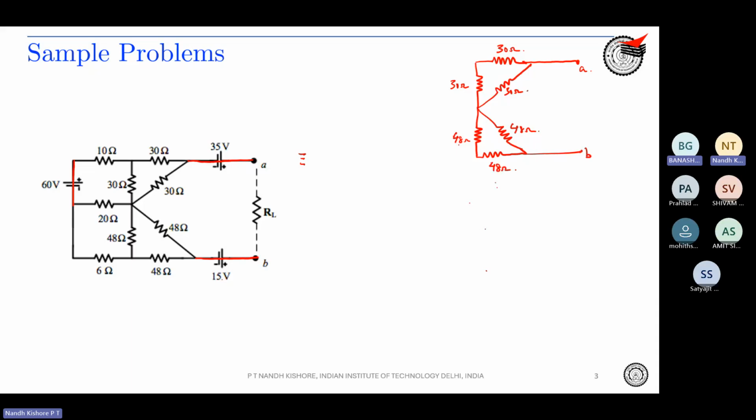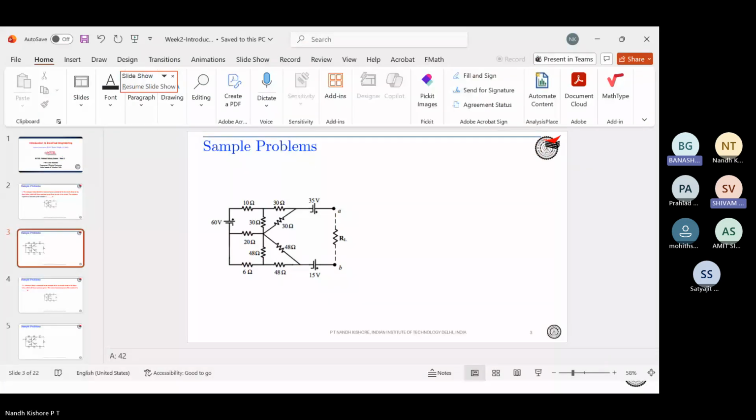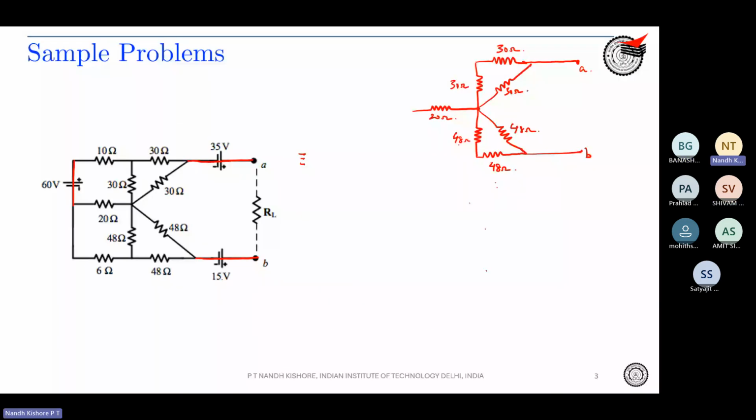So this is 48 ohms. Then 20, 20, and then you have got a 10. Okay. So this is the equivalent network.